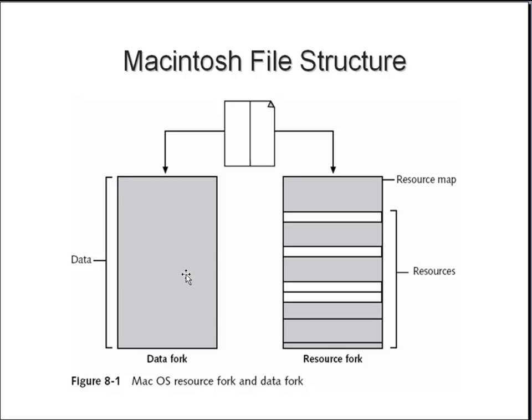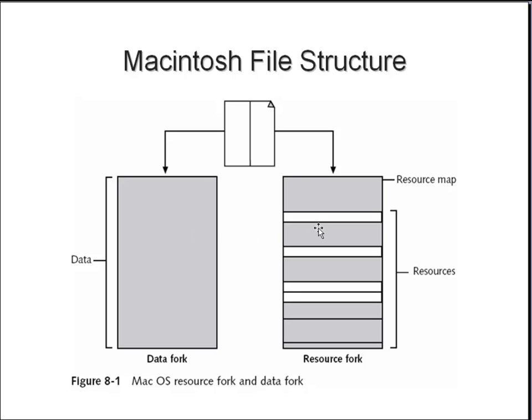The resource fork holds information such as the resource map, the resource header information for each file, window locations, and icons. So this is not containing content, but actually the overhead associated with this file.